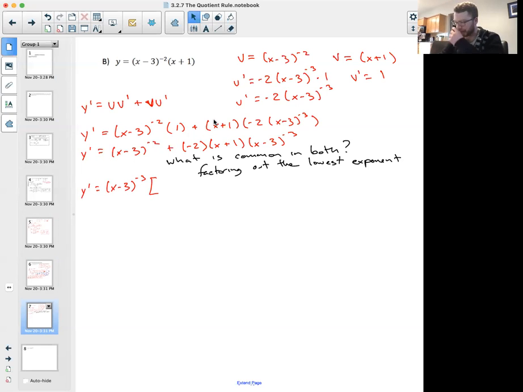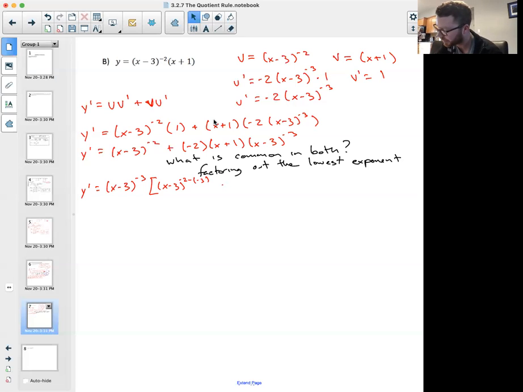Okay, so this step kind of took me a little bit to wrap my brain around, but that's okay. So when we're factoring out, we're going to be subtracting, right? So we have x minus 3, and it started out with -2, right? But because we're factoring out -3, we're subtracting -3 from that. Okay.